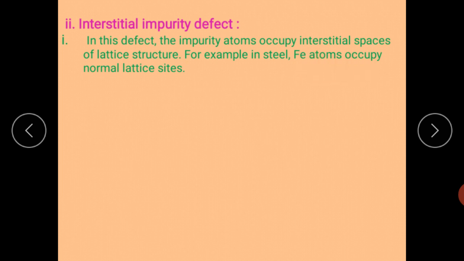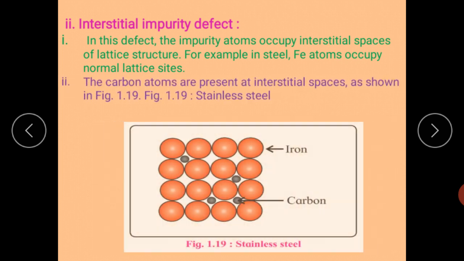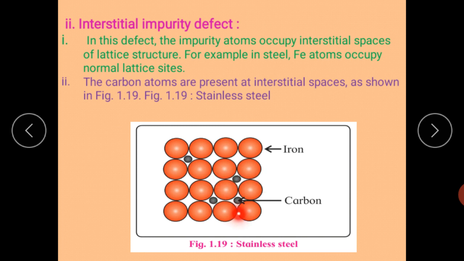Fe atoms occupy the normal lattice sites. In steel, a small amount of carbon impurity is added to iron. Then this iron contains carbon atoms at interstitial positions, and this carbon atom shows the interstitial impurity defect.